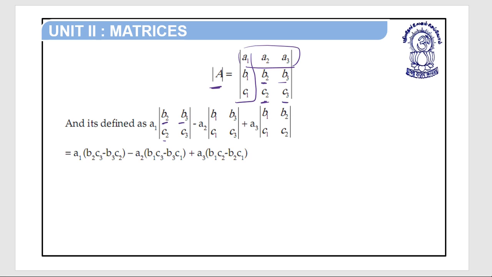In the same way, minus a2: hide the second column and first row, so you get b1, b3, c1, c3. For a3, hide the first row and third column, so b1, b2, c1, c2. So it is a1 into (b2 c3 minus b3 c2) minus a2 (b1 c3 minus b3 c1) plus a3 (b1 c2 minus b2 c1).